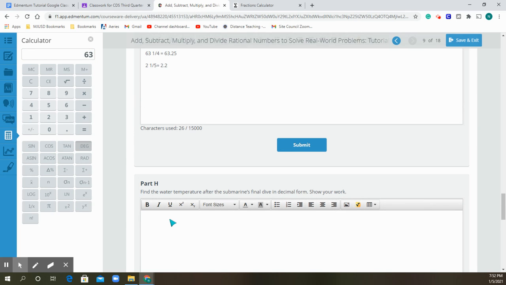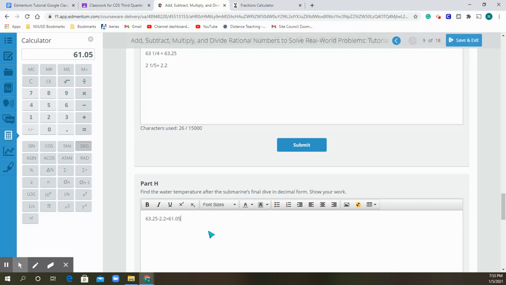So I'm looking up 63.25 minus 2.2 equals, I'm going to do that on here, sorry, clear, 63.25 minus 2.2 equals 61.05.